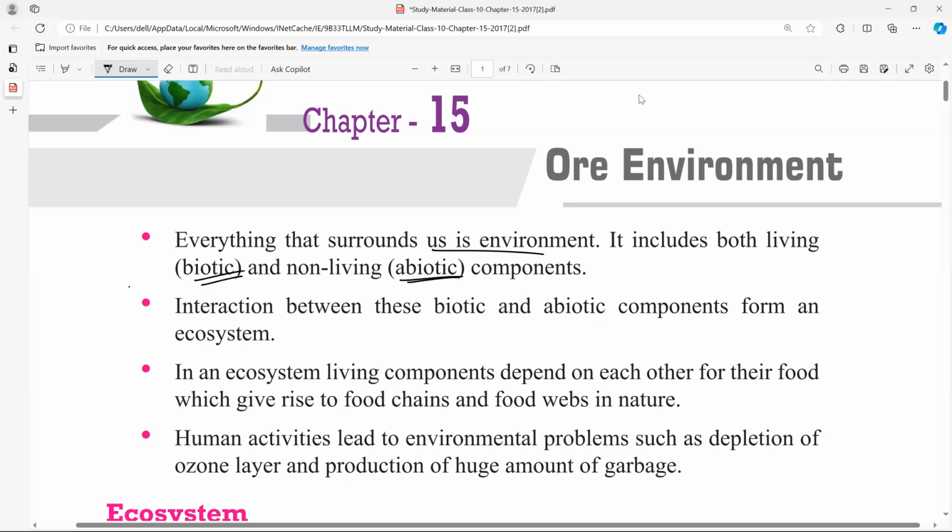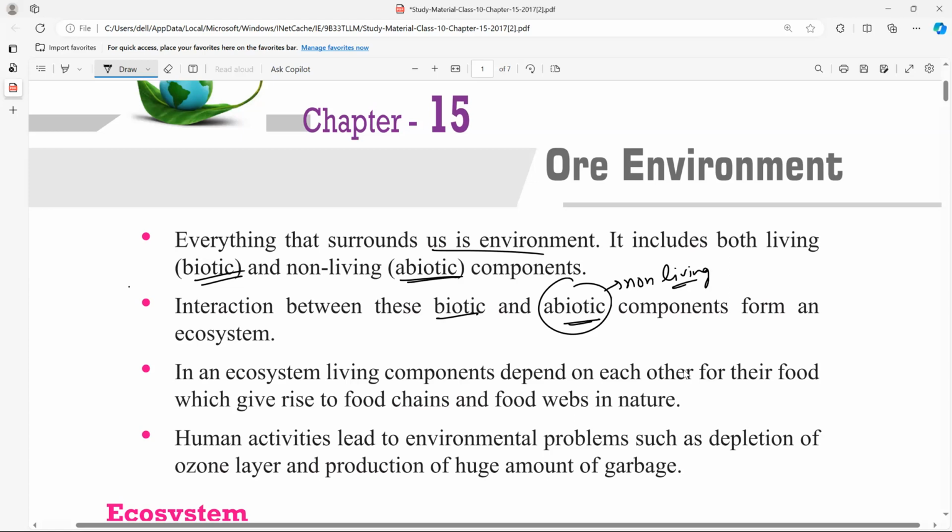The interaction between biotic and abiotic components forms an ecosystem. When there is an interaction, it means we live together. The biotic are the living organisms, and abiotic are non-living things.